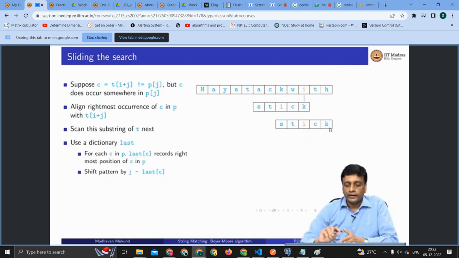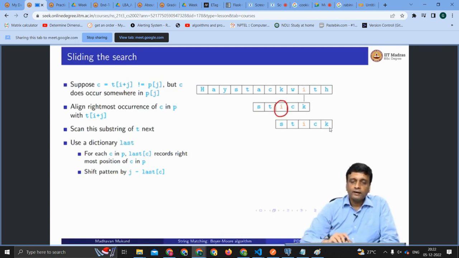Now, how are we going to find out where this I is? Well, we can pre-compute this. We are not going to go and look at our pattern each time. What we can say is that in the beginning, we go through our pattern once, and for every letter that appears in our pattern, we can compute the last occurrence of that letter inside that pattern. So we will use last as a dictionary, which takes a character and tells us the position of the last occurrence of that character in the pattern.